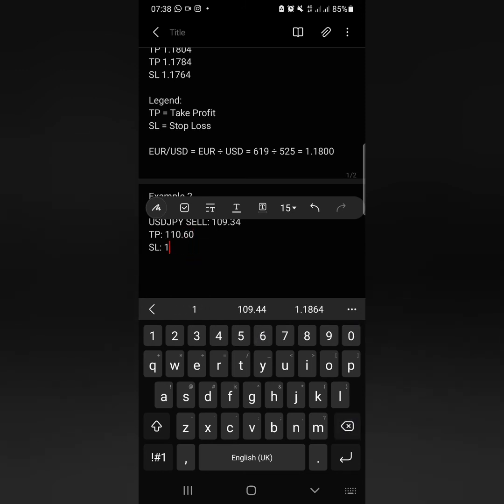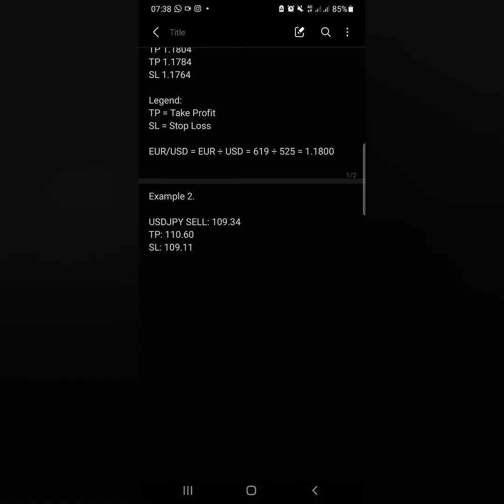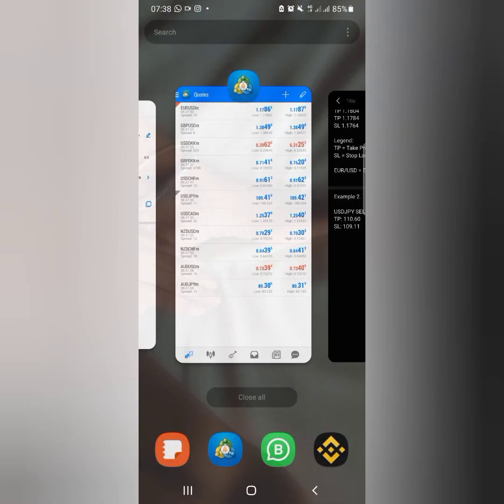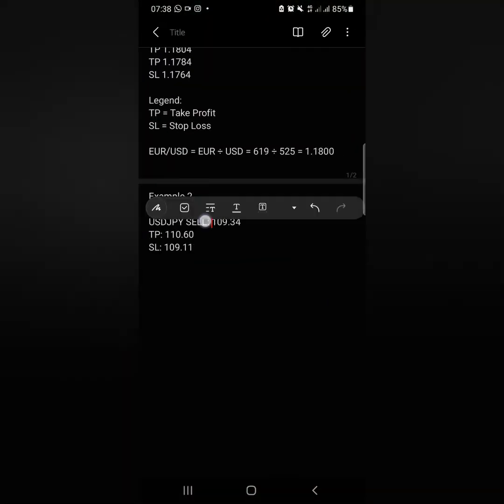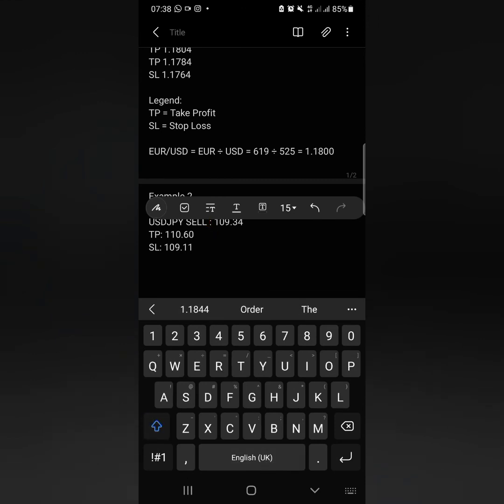Stop loss 109.1. Let's keep the price at that same level. So this is it, and they usually tell you if it's a sell limit or a buy limit.